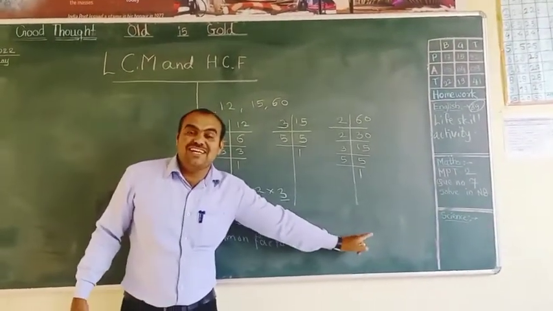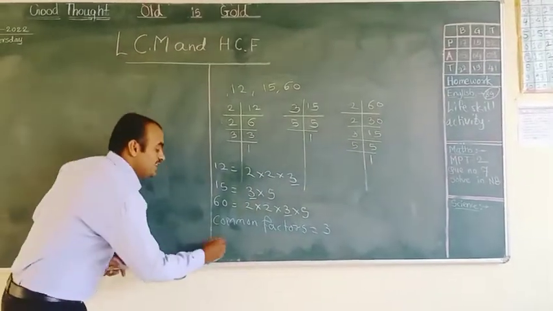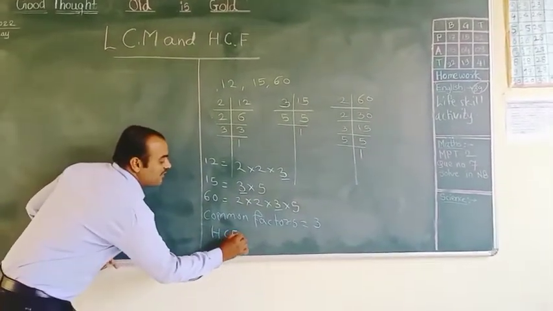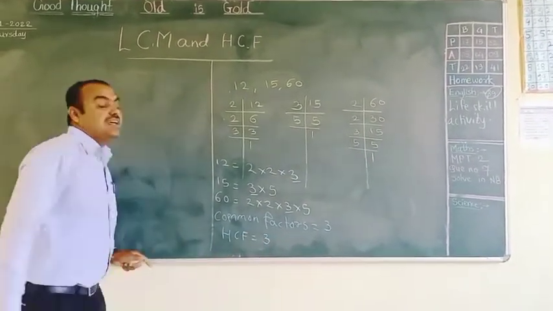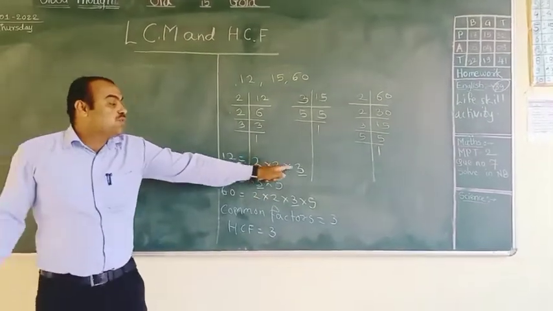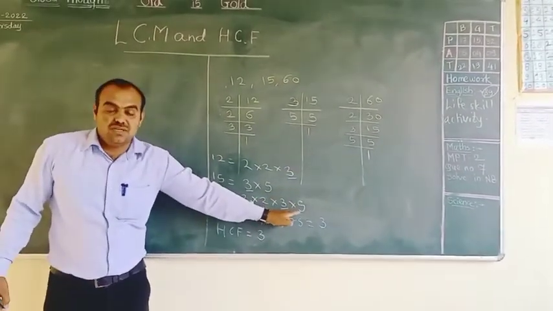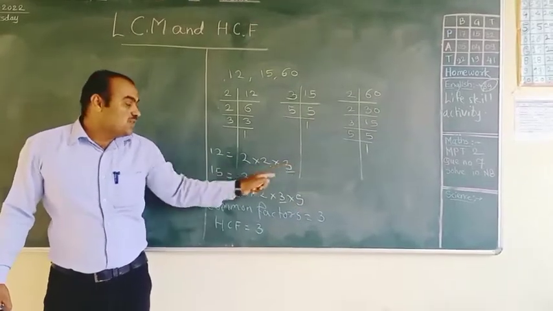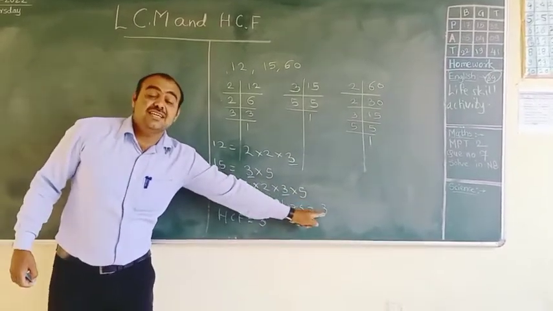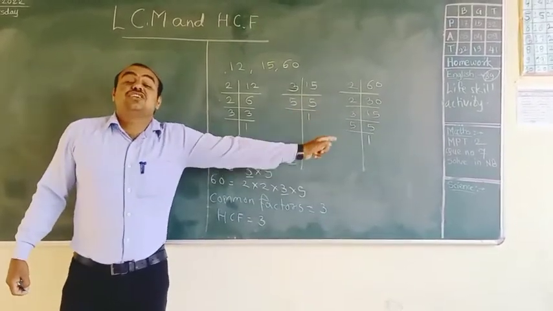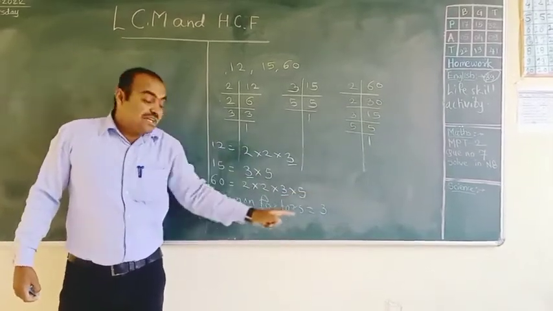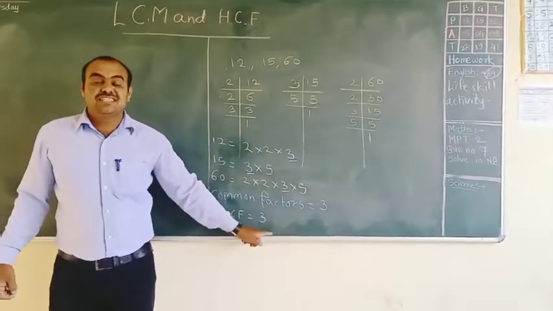So here we are getting the HCF, that is 3. How are we getting it? We have to find only the common factor. So here we are getting only 3, and 3 is the common factor, nothing other common factor is there. So that's why the HCF is 3.